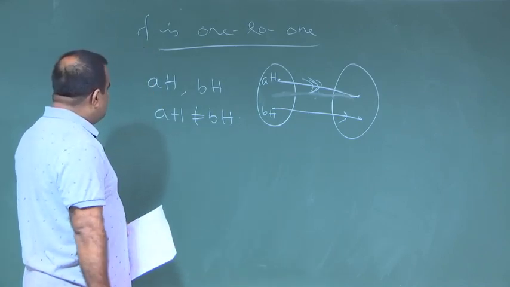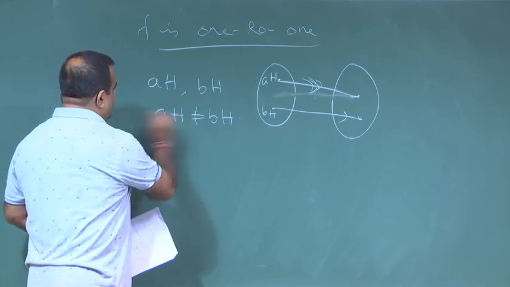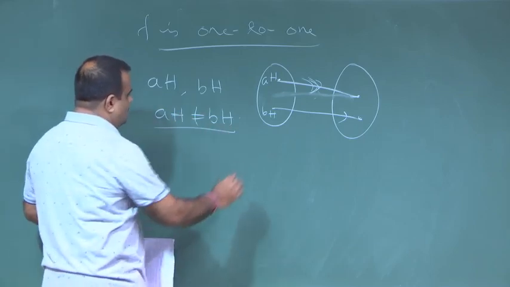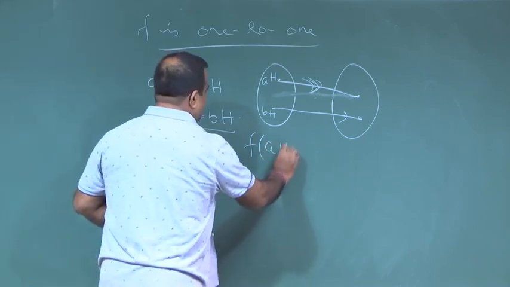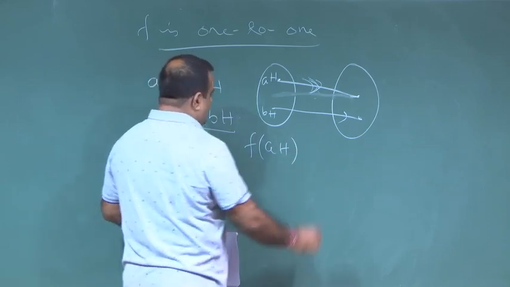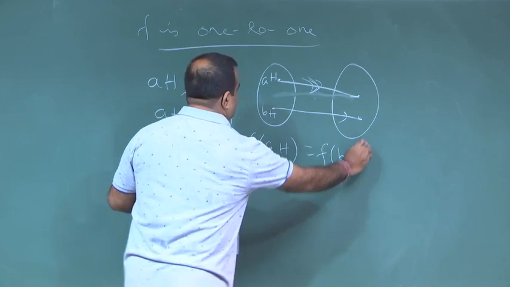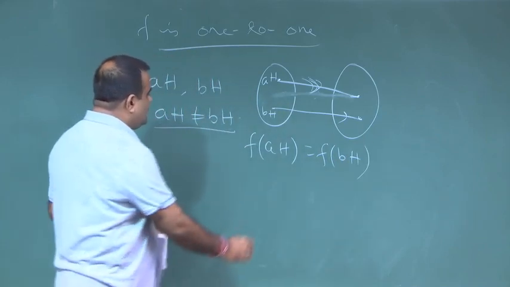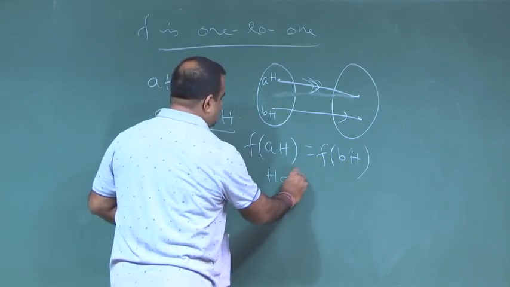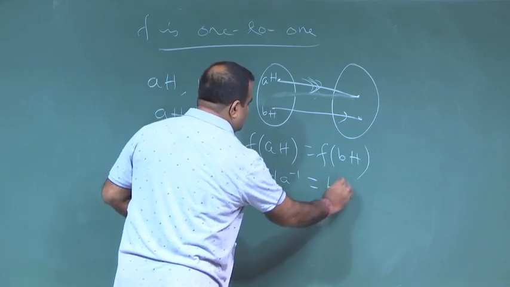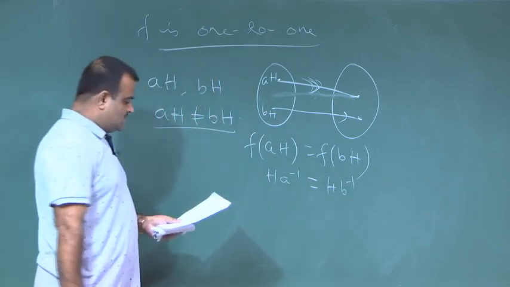Okay. Now, how to prove that? Suppose we take two elements H and B H which are not the same. Now, what is f of H? Suppose f of H equals f of B H. Now, f of H is nothing but H A inverse, which is the same as H B inverse.